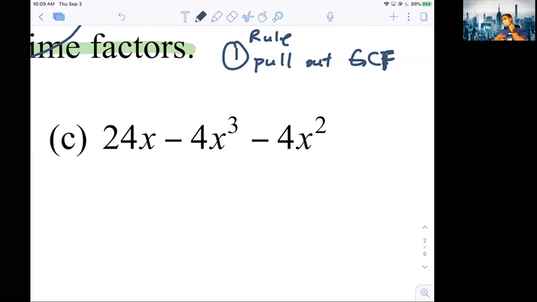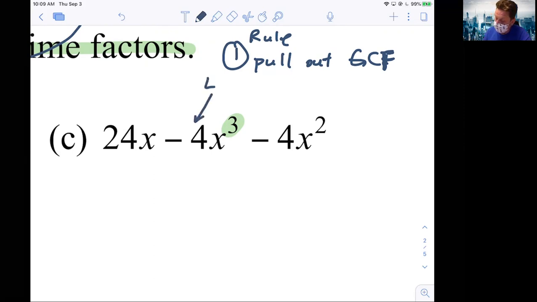This is a what? Linear trinomial? Or is it quadratic, degree 2, or is it degree 3? Remember, the degree is always the exponent on the largest variable. That's 3, okay? So it's a cubic trinomial. Degree 3 is cubic, 3 terms trinomial.